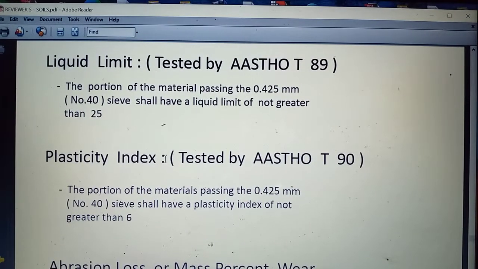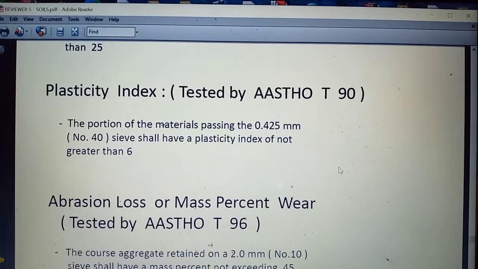So, just like the aggregate base course, speaking of aggregate base course, yung liquid limit niya is 25 yung maximum limit at yung plasticity index niya is 6. Okay? It should be tested by AASHTO T89, AASHTO T90 respectively. Okay?